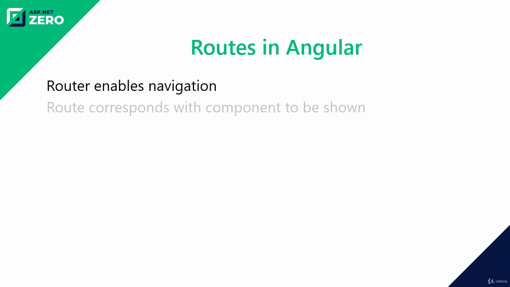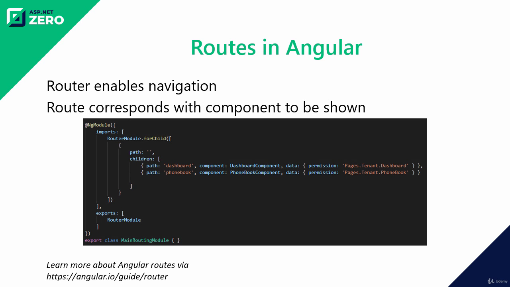Typically, it will be triggered from links on the page, just as we have here in our application. Extra data, so parameters, can be passed along. In the application, we will be adding a route that will indicate which component needs to be loaded. Take a look at the link at the bottom here, if the concept of routing in Angular is still a bit unclear for you.